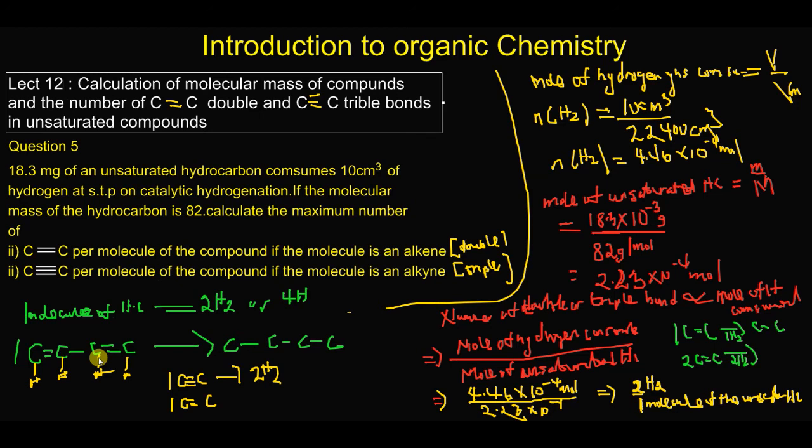That's how to do the whole thing. All you need to know is to find the mole of the hydrogen gas that was consumed over the mole of the compound, and you divide.